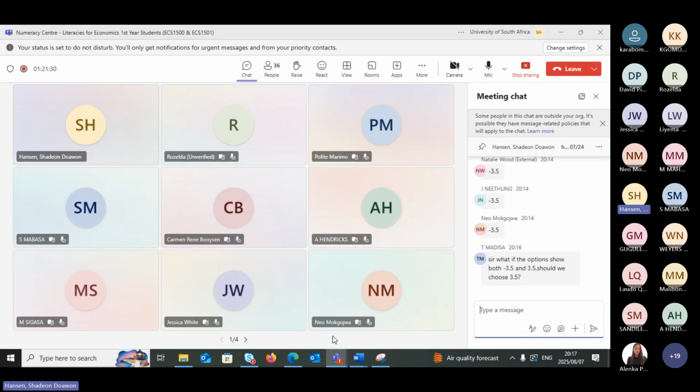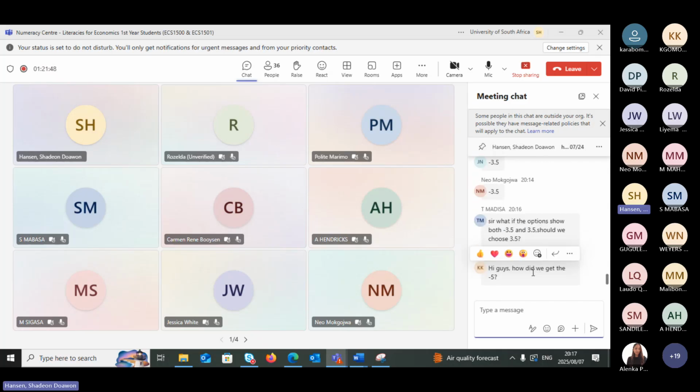Are we sorted thus far, students? Are we happy? Okay. I think it's highly unlikely, Tima Disa, that something like that would happen. They're either going to show you the negative 3.5 or the positive 3.5, because if they do both, they would contradict themselves.